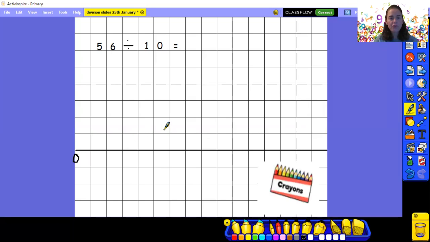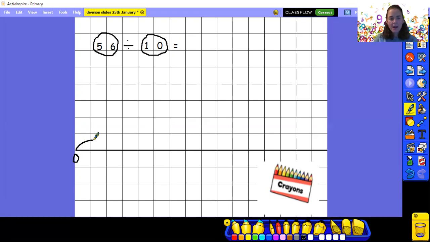What's our group? Yes, we've got our group of 10, our equal group of 10. So we're going to be counting in 10s. Our target number is 56. So let's see what happens when we count in 10s. Can you predict what might happen? Do you think that I'm going to be able to get to 56? If not, why not? Okay, well, let's see the pattern when we're counting in 10s.